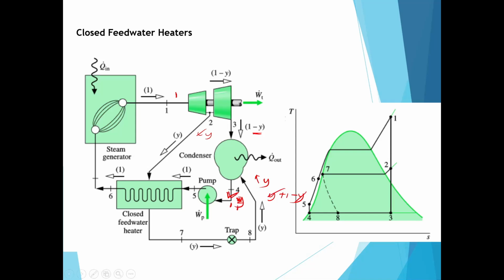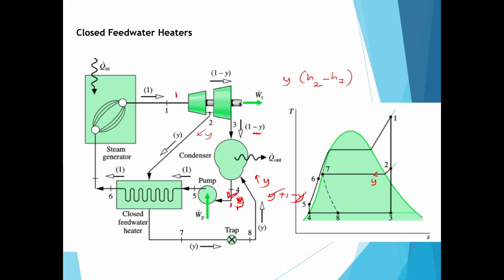So the energy balance for this one becomes something like this. This is the Y amount, so Y times (H2 minus H7) is the heat dissipated when the steam travels from 2 to 7.